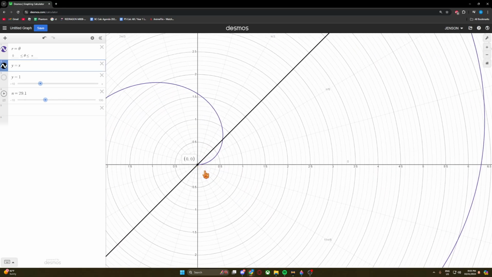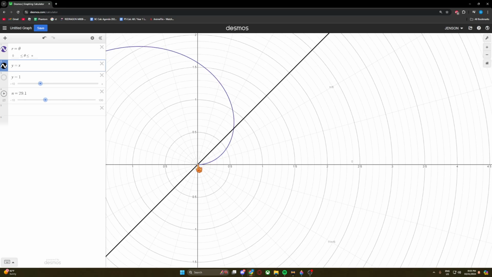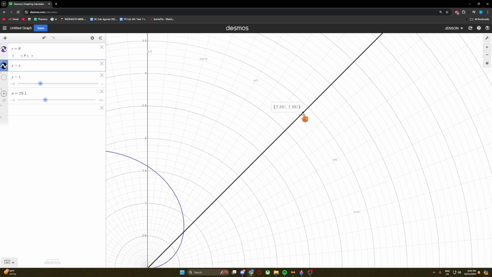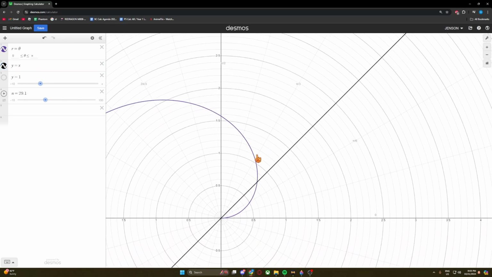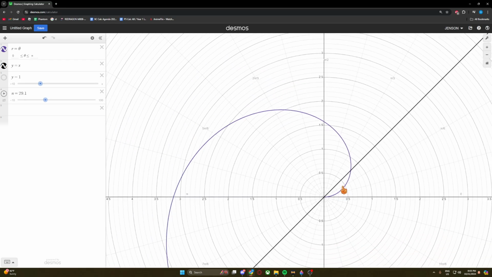So if we start at 0, 0 at an angle of 0, and then if we went to like point 1, 1 is radius 1 at 45 degrees.